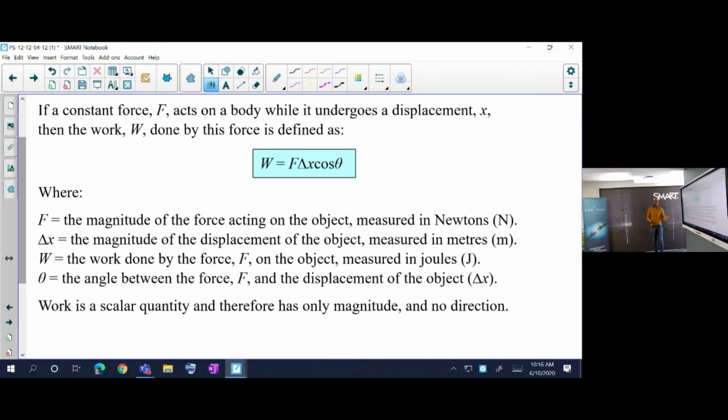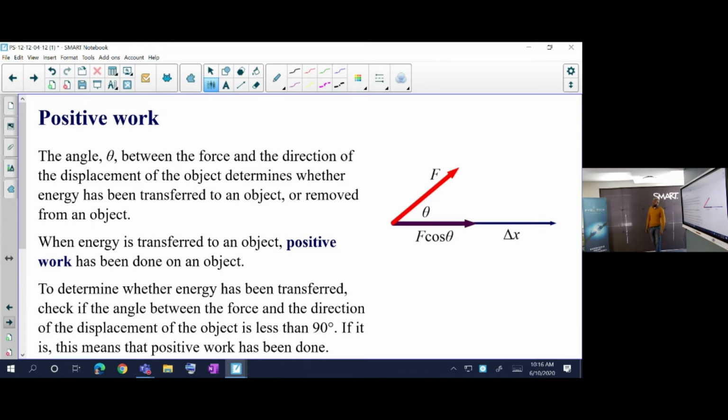I said we are going to have a vector and a vector, because force is a vector and displacement is also a vector. That is why we are going to get a scalar. All right. What I was saying earlier, this theta is very, very important. It's the one that is going to tell us the positive, negative, and zero.